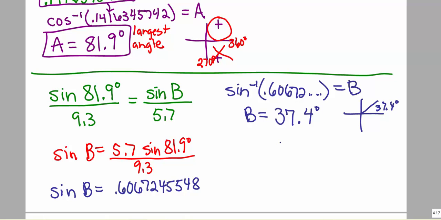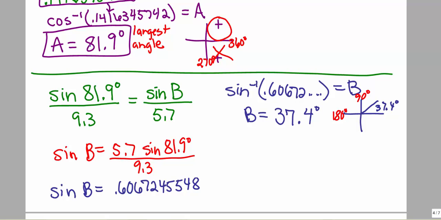You might say, well, sine is still positive in quadrant 2. But remember that there is an angle in quadrant 2 that has a sine value that is positive 0.6, etc. But if it comes from quadrant 2, it has to be between 90 and 180 degrees. If we were to choose an angle from quadrant 2, we would have a problem because we already said that angle A was the largest angle.